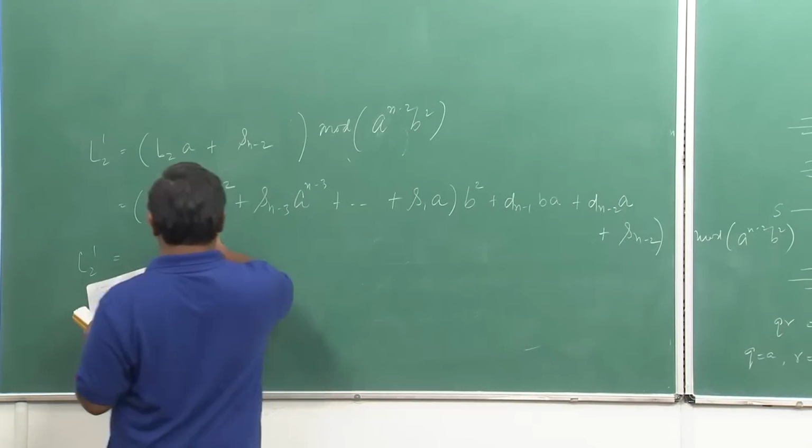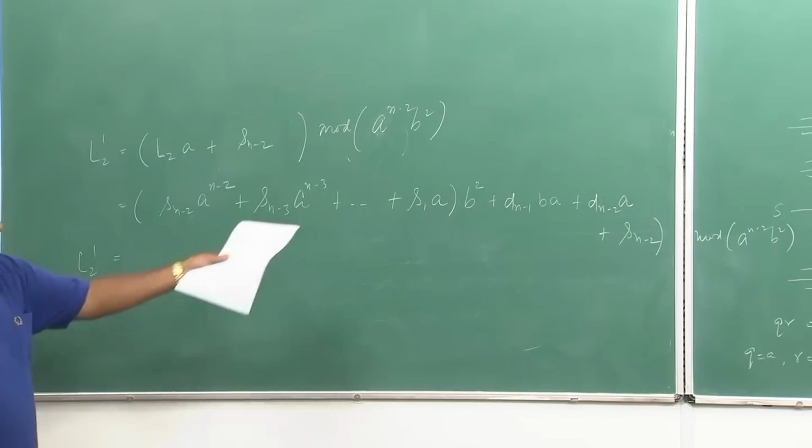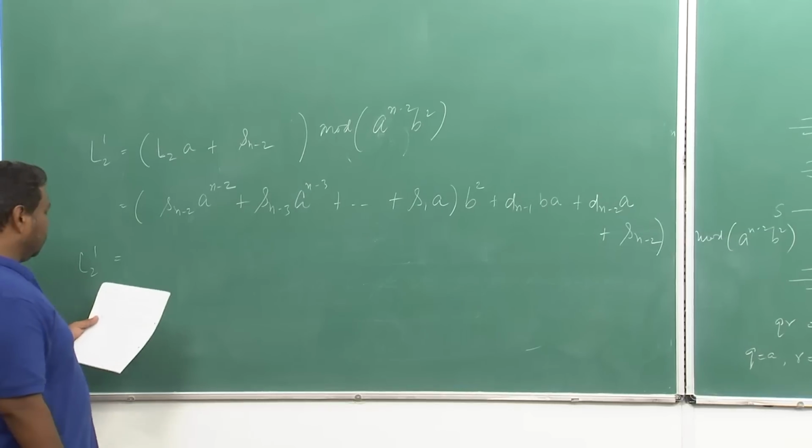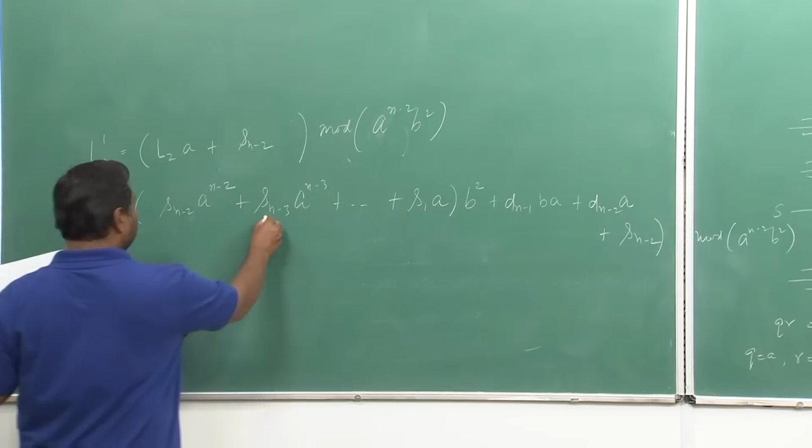Except this particular term, which will go out because it turns out to be a raised power n minus 2 b square, it becomes an integer multiple of that. So L2 prime will be from there onward.